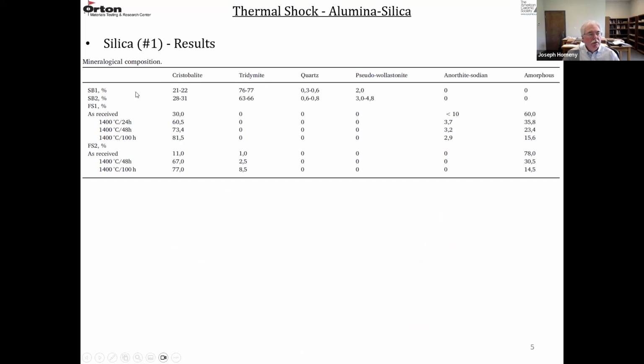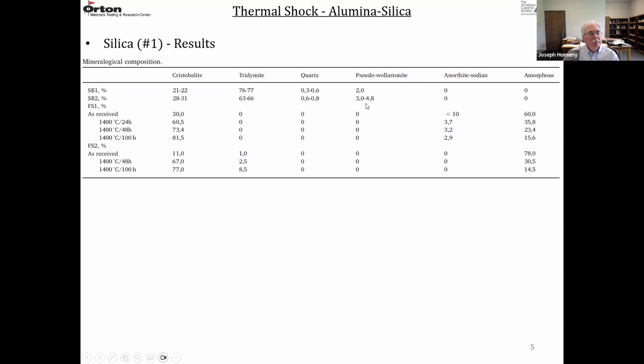So the phases present, SB1 and SB2, the crystalline materials, 20 to 30% cristobalite, 60 to maybe close to 80% tridymite, a fraction of a percent residual quartz. And then the mineralizer, the lime, the CaO, creates wollastonite.